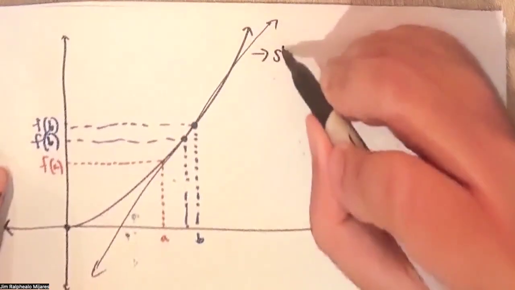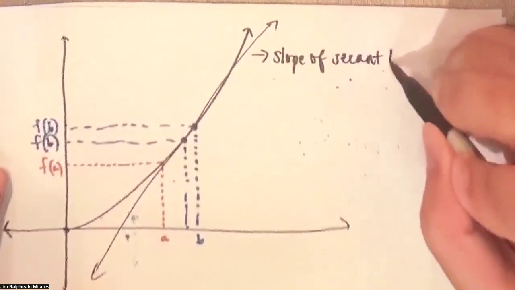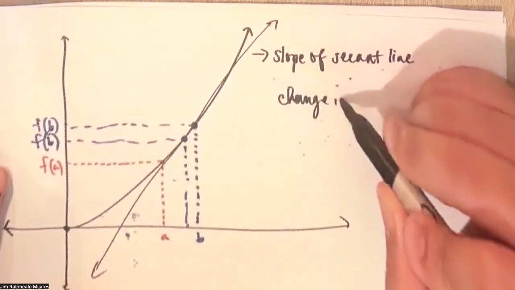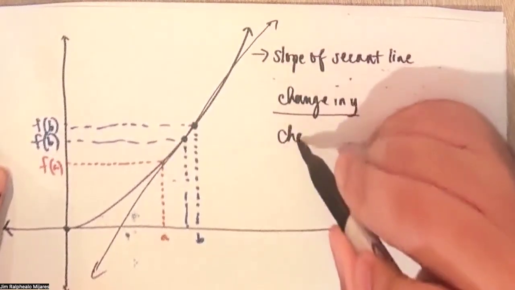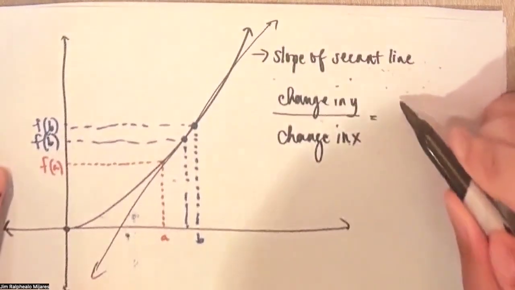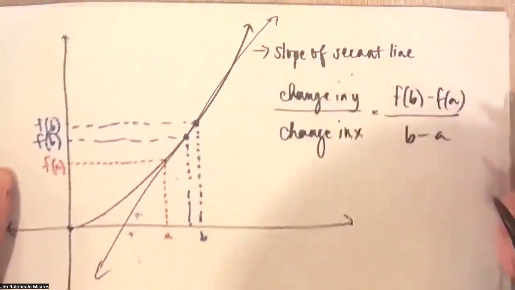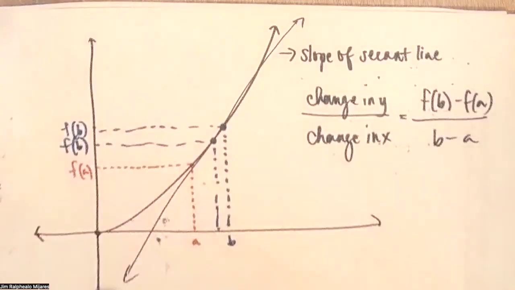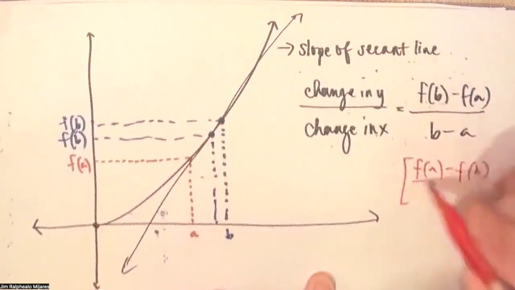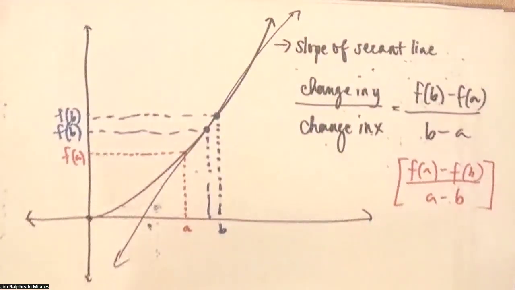The slope of the secant line is still change in y over change in x, which is equal to f of b minus f of a over b minus a. But technically, it can be f of a minus f of b all over a minus b. These are the same, right?